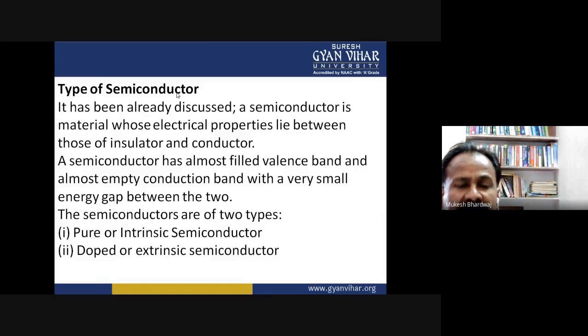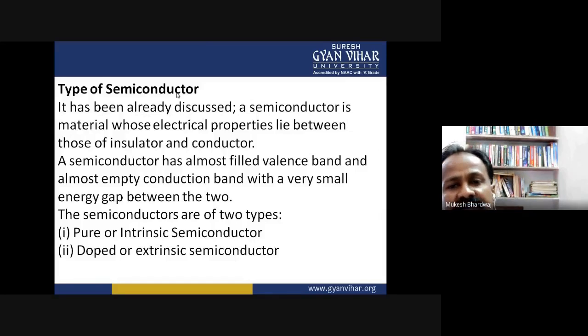One is intrinsic or pure semiconductor, and the other is extrinsic or impure semiconductor. Here, extrinsic or impure means you are adding some dopant, not impurity like some wastage. You are adding some external elements to the pure element, and then that category is considered the extrinsic semiconductors.